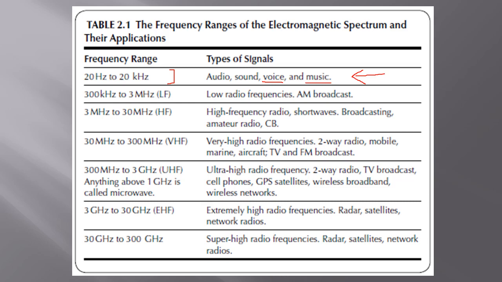Then we have higher groups of frequency, which is called the low radio frequencies or the AM broadcast. AM stands for amplitude modulation. You might know this from another course, most probably on computer networking.